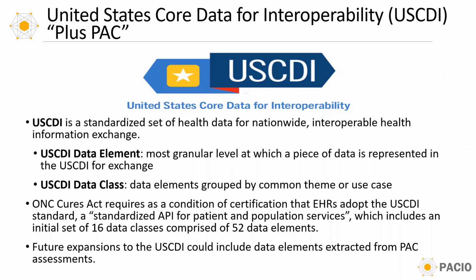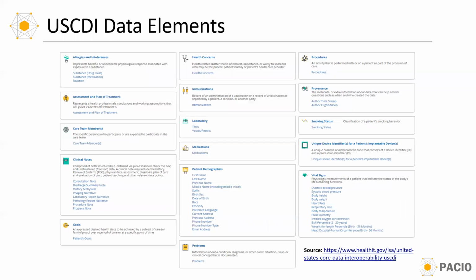The ONC Cures Act requires, as a condition of certification, that EHRs adopt the USCDI standard as a standardized FHIR API for patient and population services, which includes an initial set of 16 data classes comprised of 52 data elements. Future expansions to the USCDI could also include data elements extracted from post-acute care assessments. Some already are under consideration and undergoing public comment process. The figure on this slide is a screenshot of the USCDI data elements from healthit.gov.